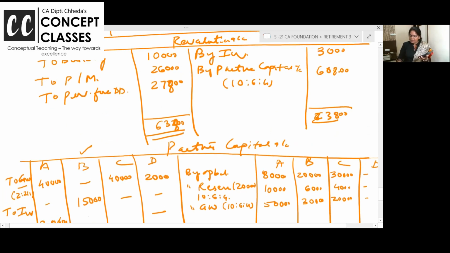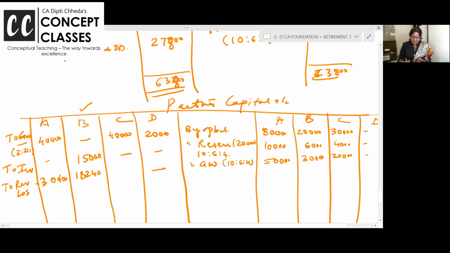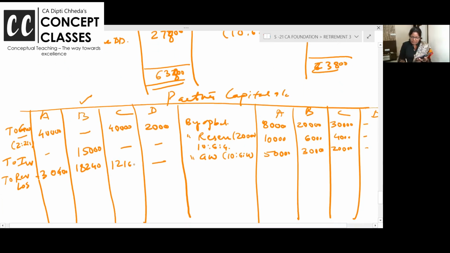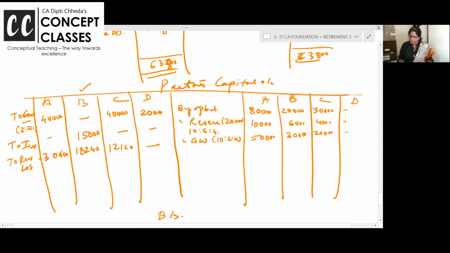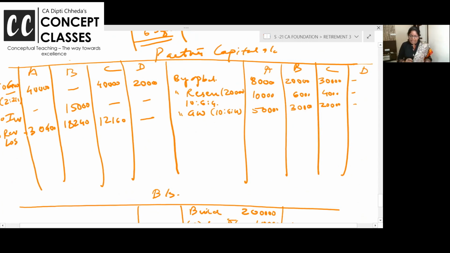और क्या है? 60,800 into 6/20, 18,240. 60,800 into 4/20, 12,160. Nice and clear.